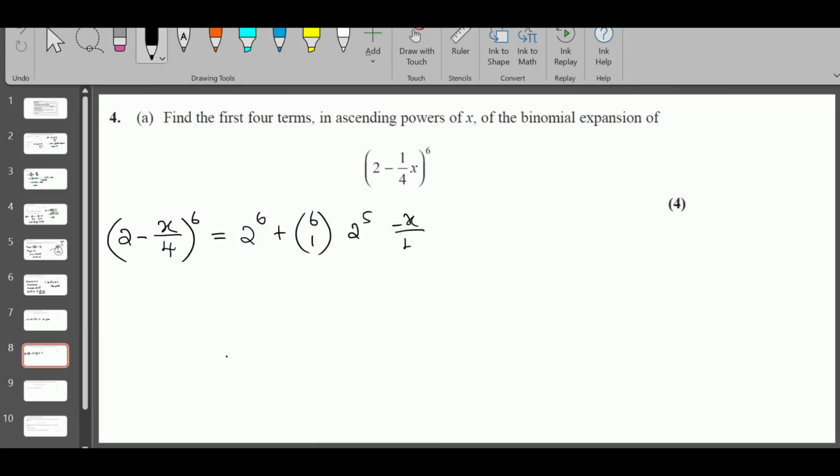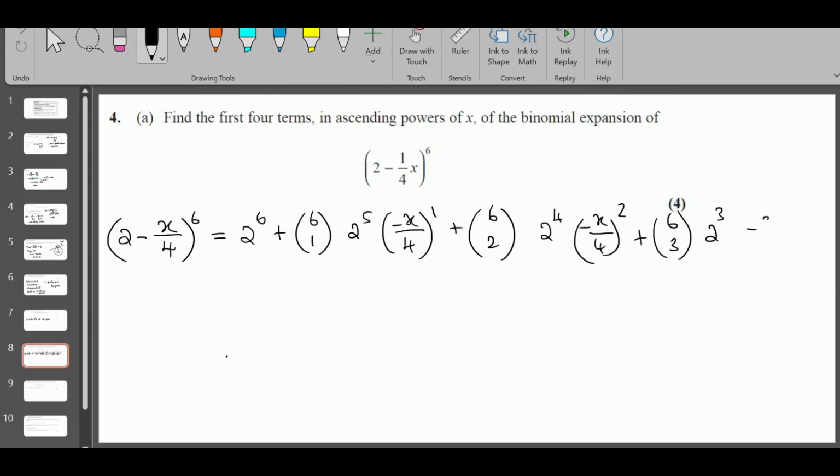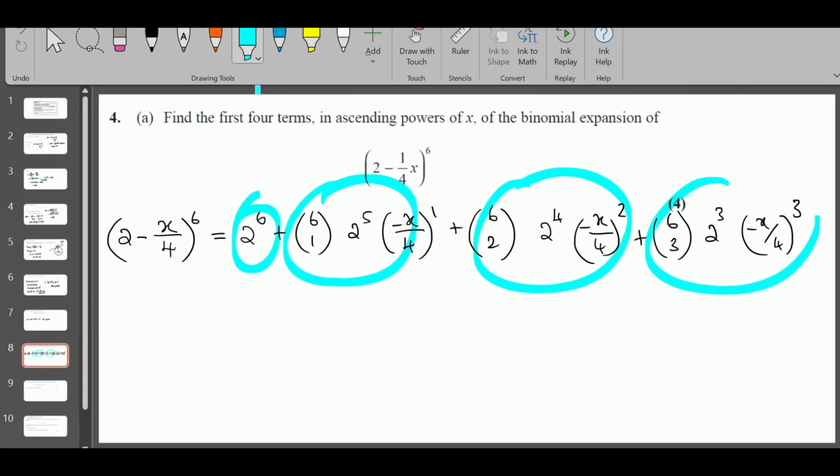When you take the second term, take it with the negative sign, power 1. Plus nC2, a power n minus 2, second term power 2. Plus nC3, a power n minus 3, second term power 3. That's all. We got 4 terms already: first term, second term, third term, fourth term.